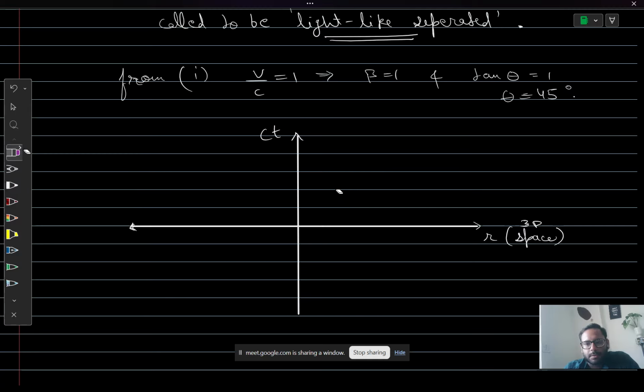Let me start from here, go in the negative x direction, then negative y direction. You can extend it in the negative time direction.